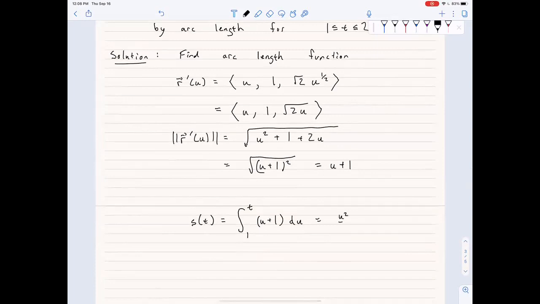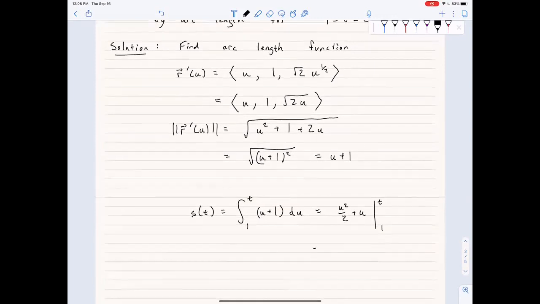This is going to be u squared over 2 plus u, evaluated from 1 to t. And so at the end of the day, we'll get t squared over 2 plus t minus 3/2. So this is what S is equal to. S is equal to this guy on the right.